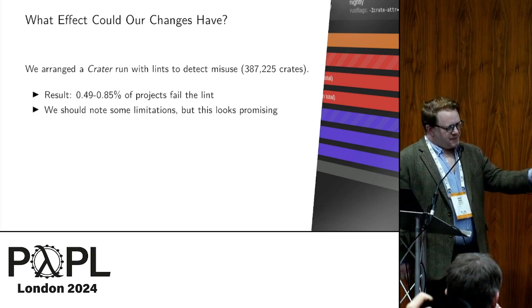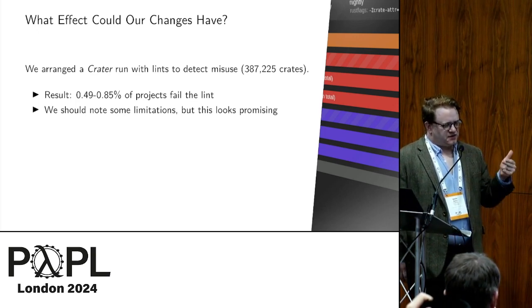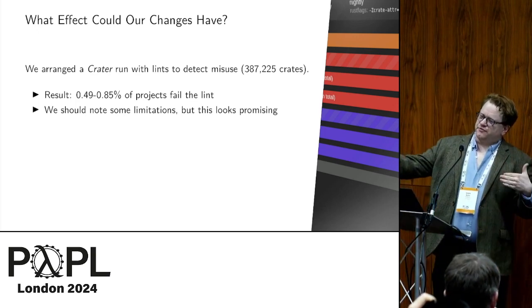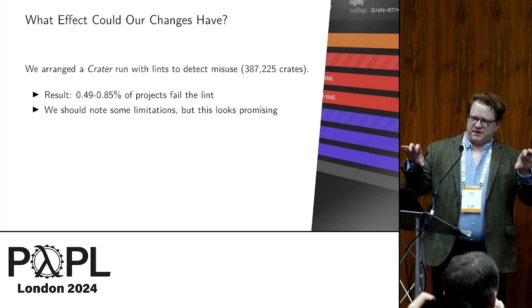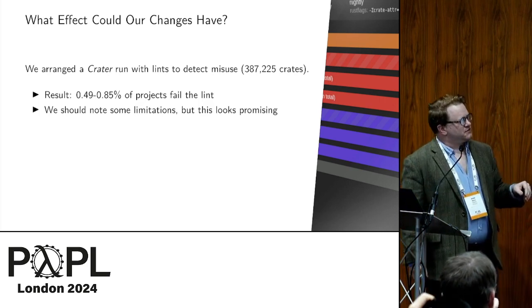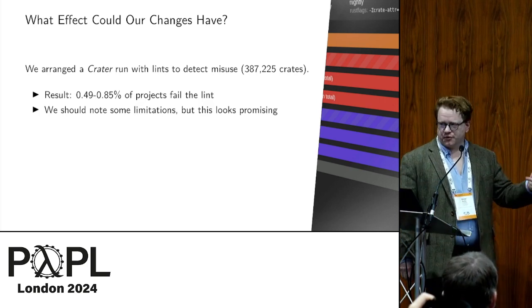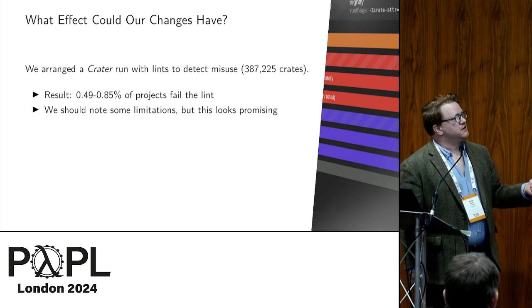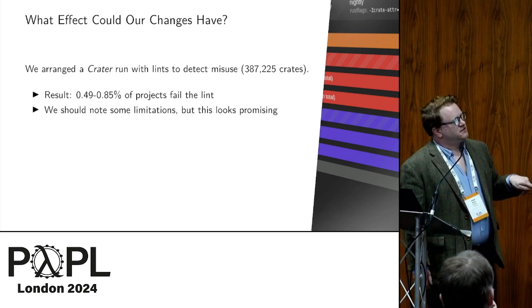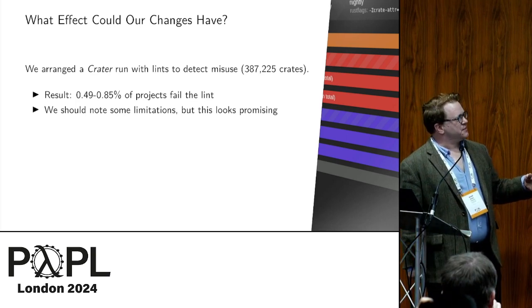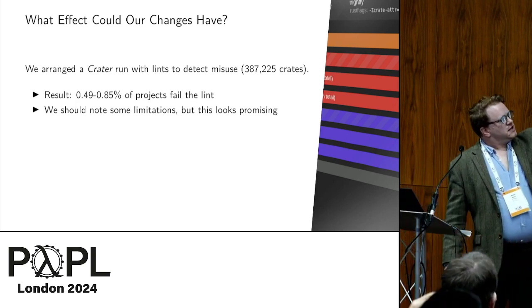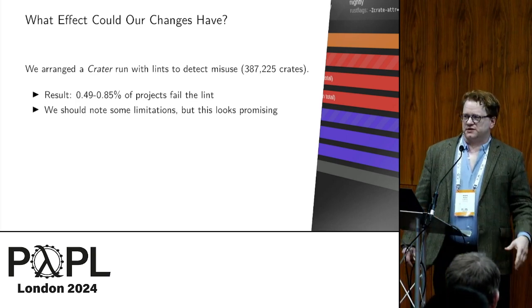And we get back from that basically a massive log of the errors when you search for these little code snippets. And it gives us an indication of the occurrence in projects of things that might fail if we went and made this compiler a legitimate Rust compiler. And what we found was less than 1% of projects failed this lint.